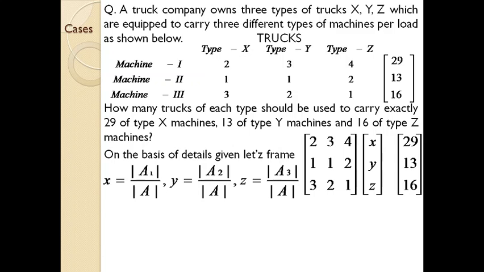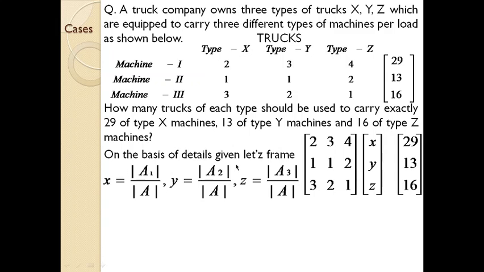If you are using Cramer's rule, in order to find the values of x, y and z, you have to use this equation: determinant A1 divided by determinant A for finding x. For finding y, determinant A2 divided by determinant A, and finally z, determinant A3 divided by determinant A. So to find x, y and z, you need to find the determinants of all these matrices.